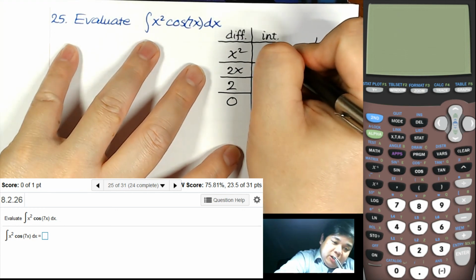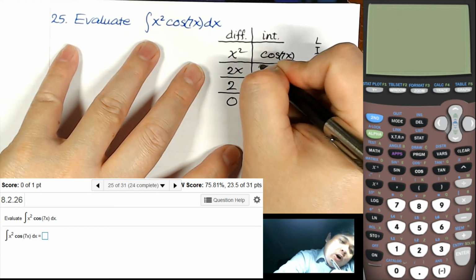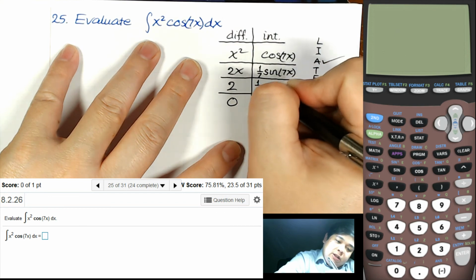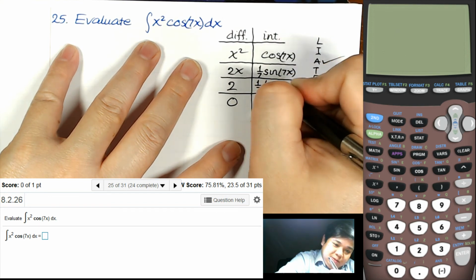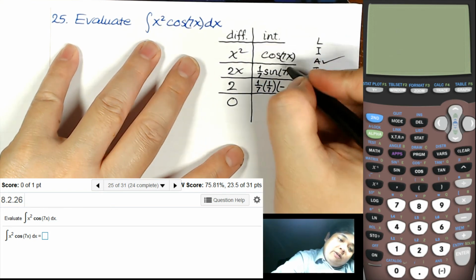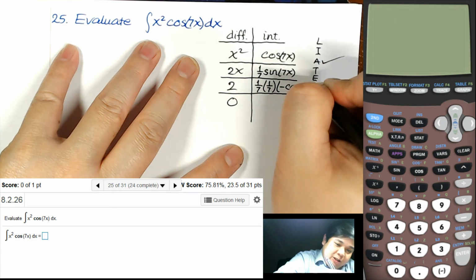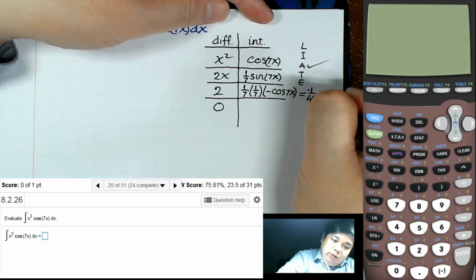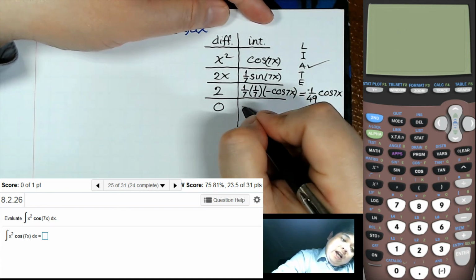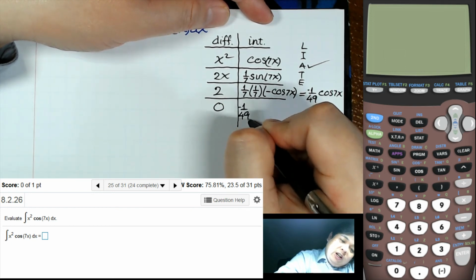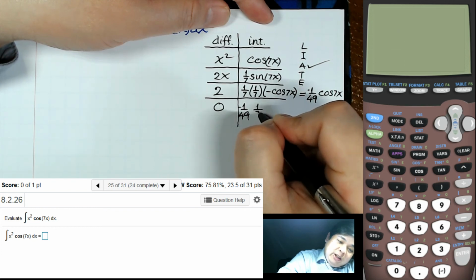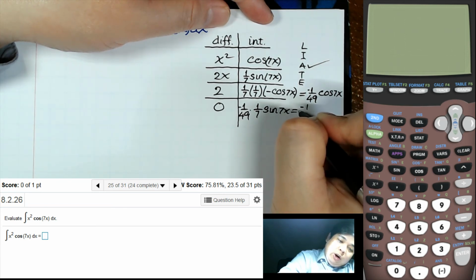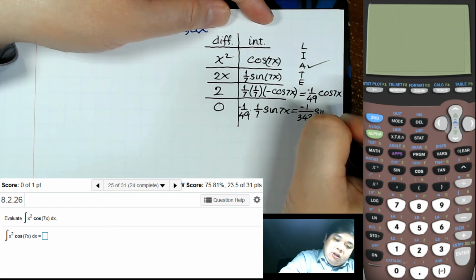And the other one, integrate: 1 over 7 sine of 7x, then negative cosine 7x over 49, and then negative 1 over 343 sine of 7x.